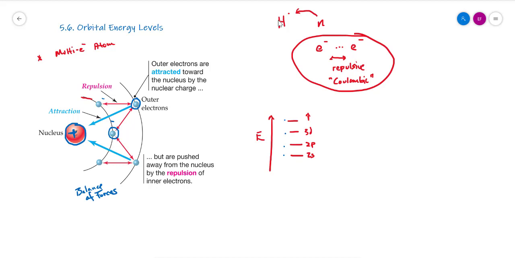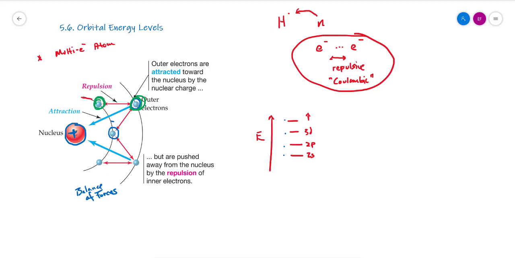And so we have to introduce a new parameter. The outer electrons here are effectively shielded by the inner electrons. Let's do this in green, think about this outer electron and let's compare it to, say, this inner electron.